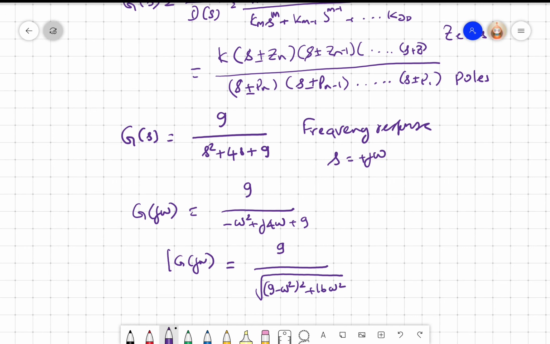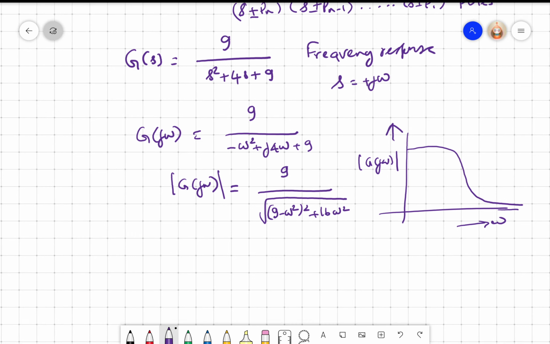I can rearrange this and get the value. Then I can plot this with respect to omega. I will see that I get something like this. This is omega, this is magnitude of g of j omega. So we see that it's a low pass function.